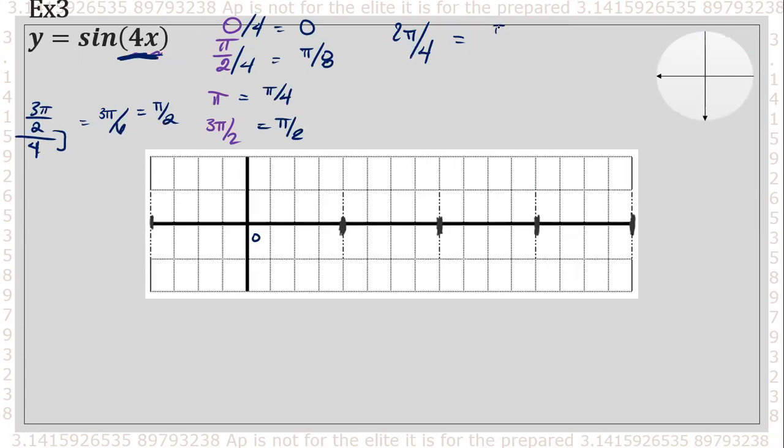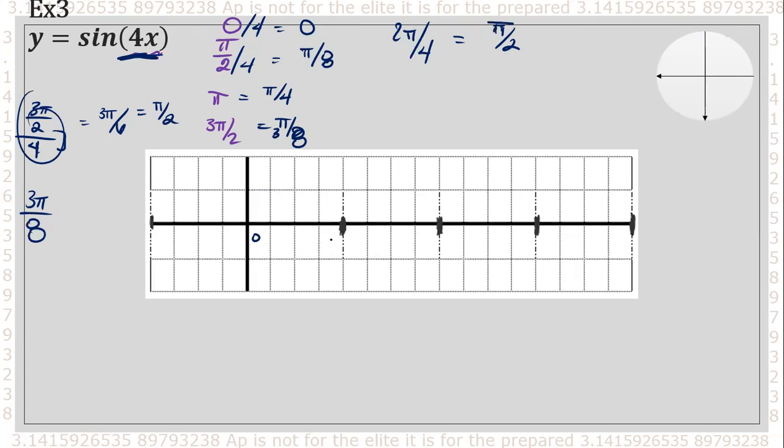What did I do? Okay. Sorry, this should have been 8. 3 pi over 8, sorry. Here's where I messed up. So this 3 pi over 8 should have been right here. 3 pi over 8. Sorry about that. So therefore, this one is correct, pi over 2.